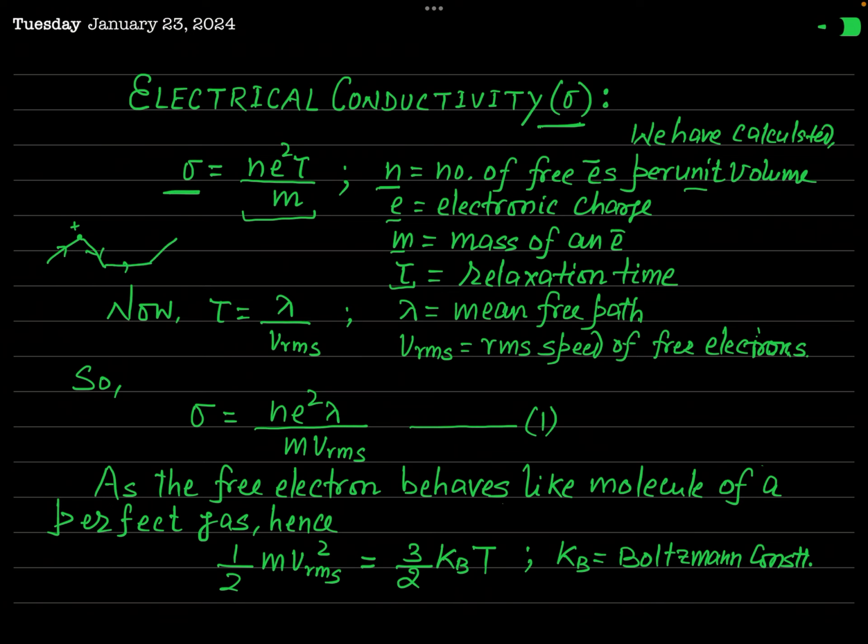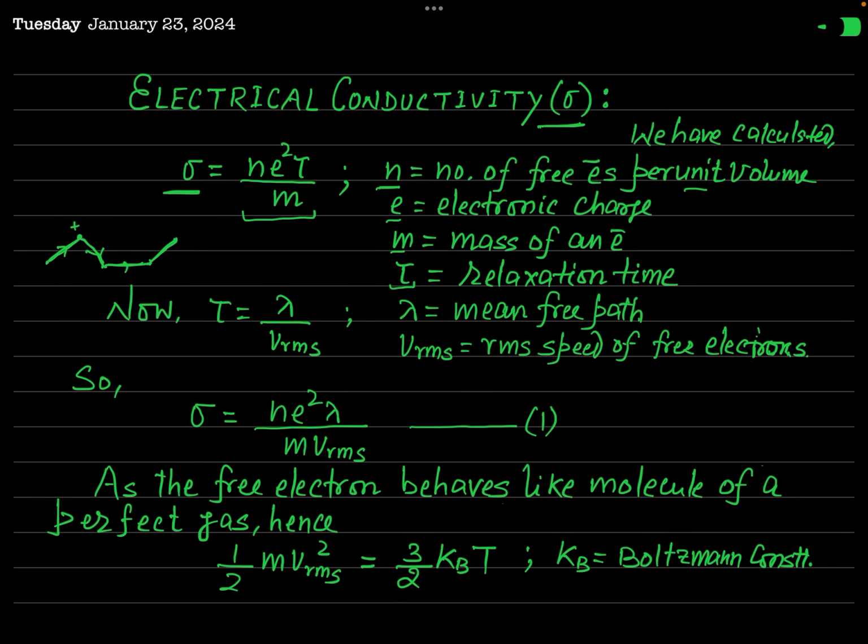The distance between two successive collisions is called the free path, and the time taken between two successive collisions in general will not be the same.